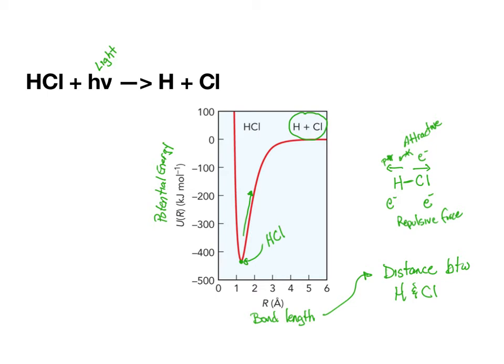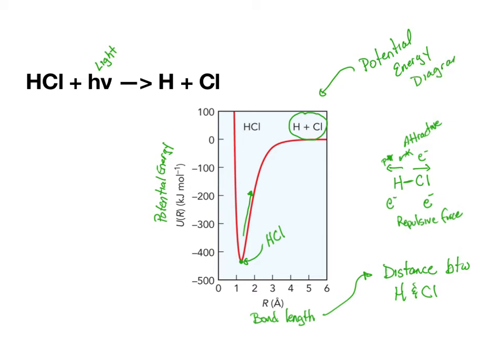And so there is no attractive or repulsive forces between these atoms. This diagram, this mapping of how the potential energy is related to the distance between the atoms, this is a potential energy diagram.